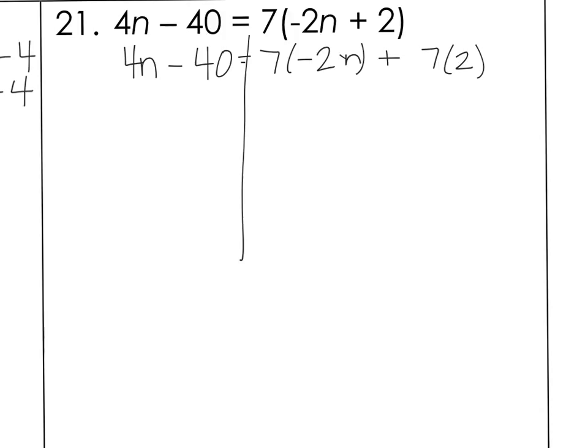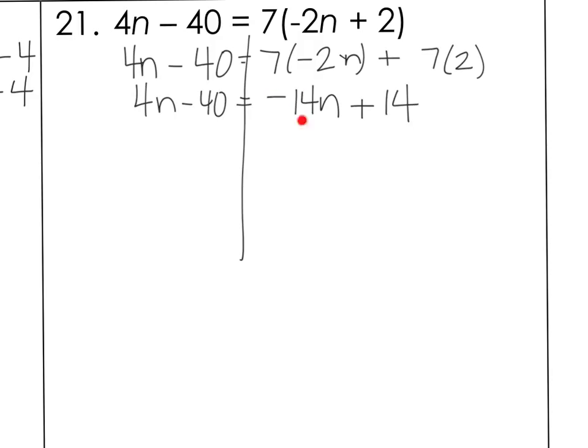Again, work back left to right. 7 times negative 2n is negative 14n plus 14. Variables are on both sides. I would take the easy route.